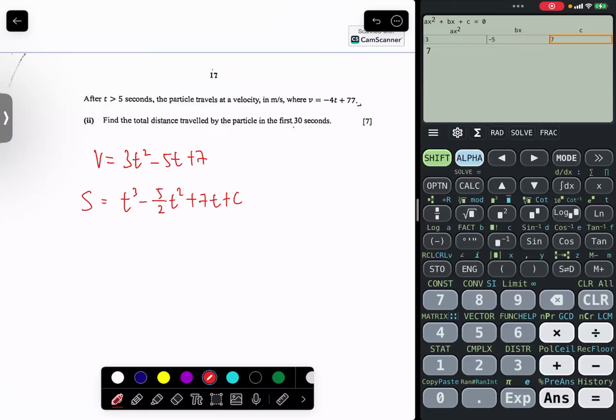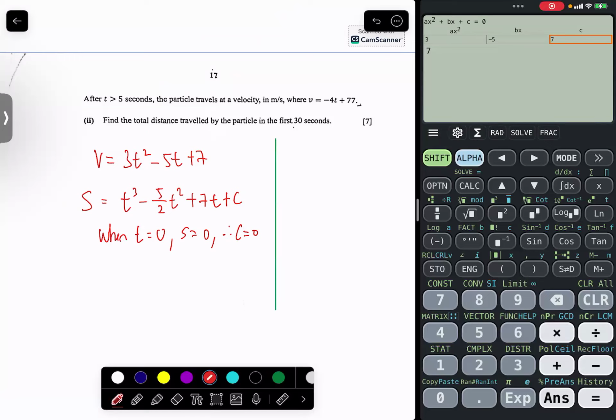When t equals 0, s equals 0, so c equals 0.